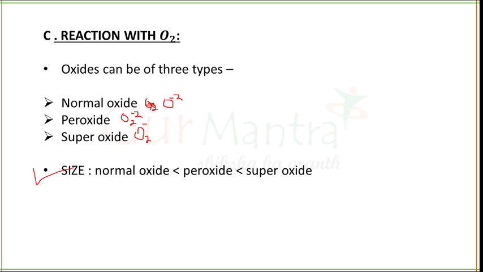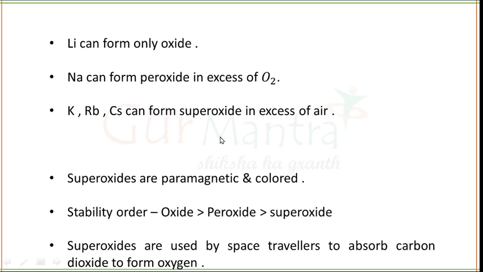The least size is for normal oxide, that is your O^2-. Next, lithium can form only oxide. You have to remember this. Lithium will only form oxide while sodium will form peroxide in excess of O2, and potassium, rubidium and cesium can form superoxide in case of excess of air.